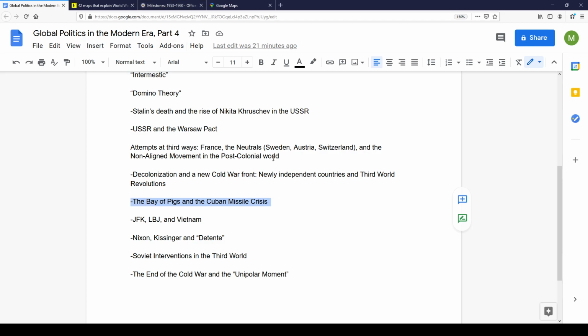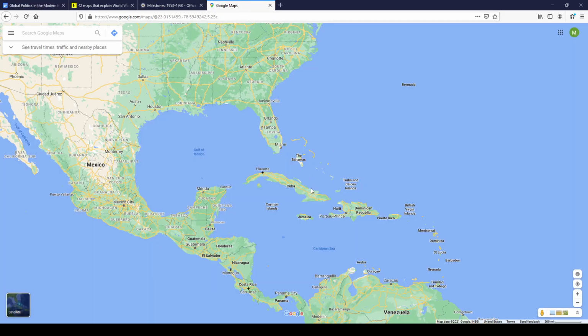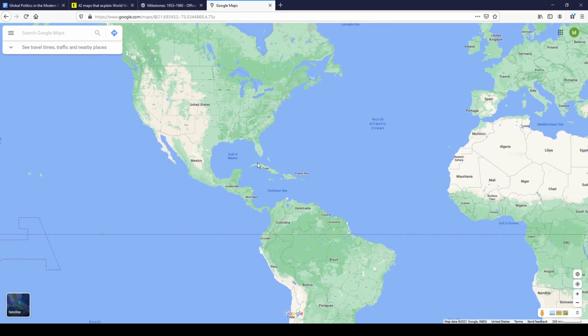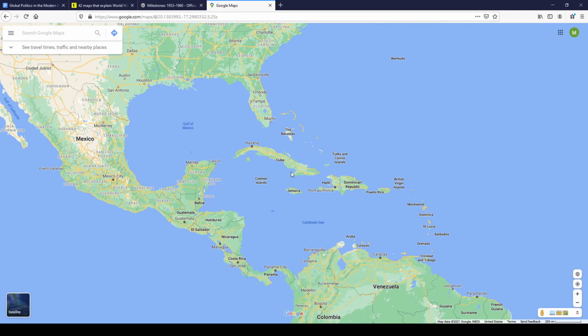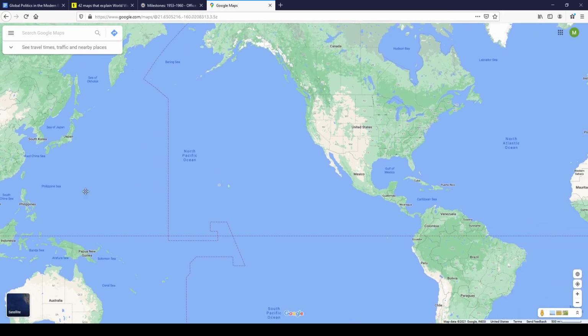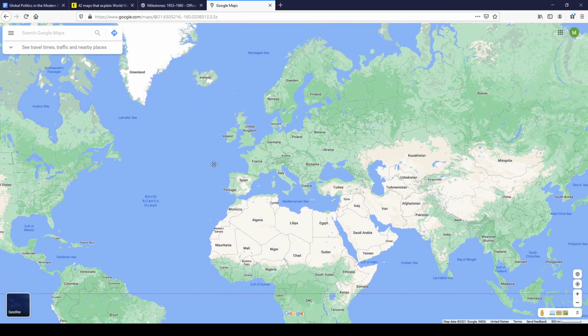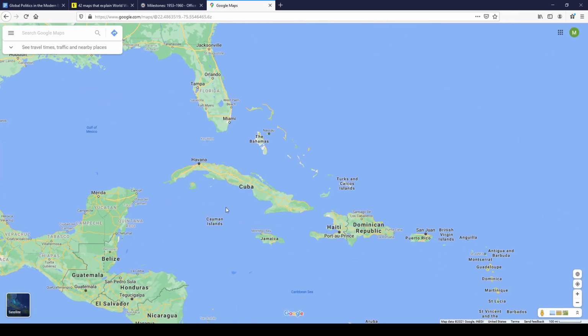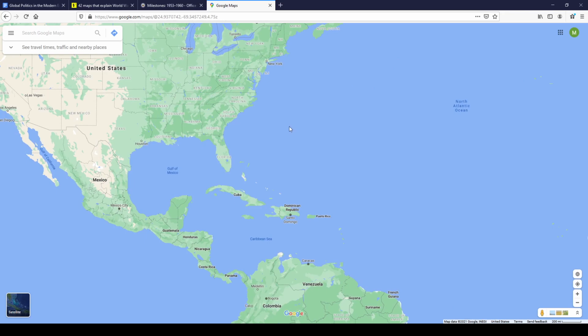Anyways, Cuba's there. Miami's there. That's too close. And what the heck? Cuba just leapfrogged containment. Last we checked, communism was over here, and it was over here, and now it's 90 miles from Florida. Yikes.